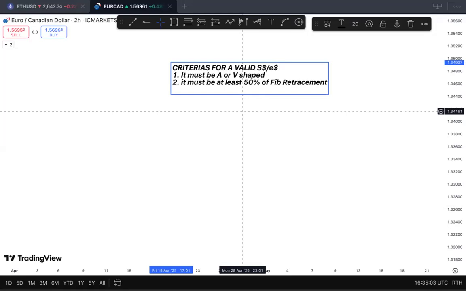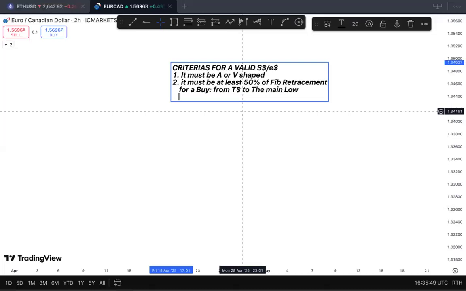So for a buy, you're going to say, 50%, okay, let's say from transactional liquidity to the main low.